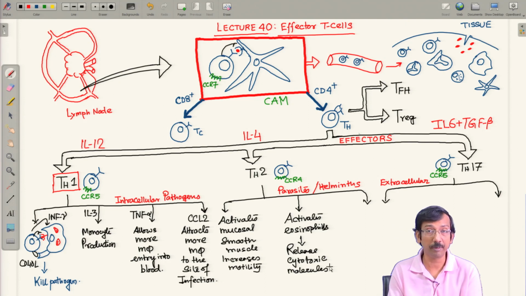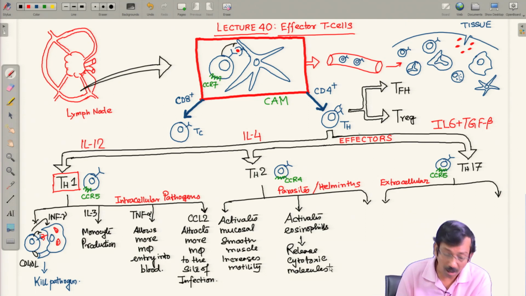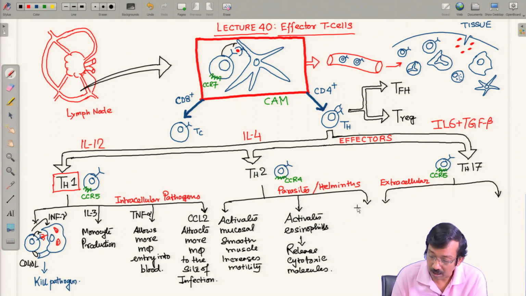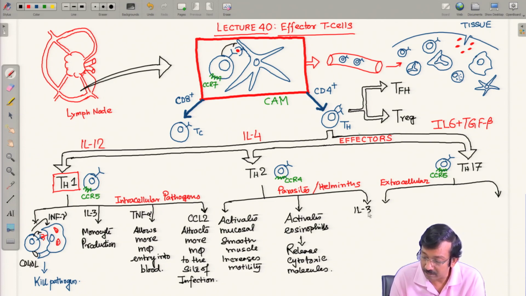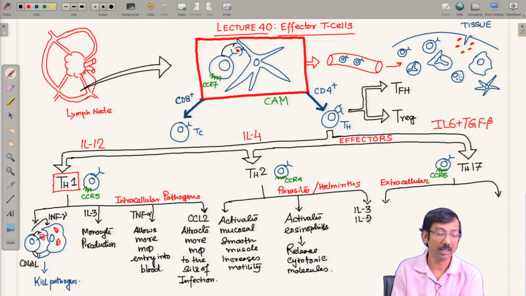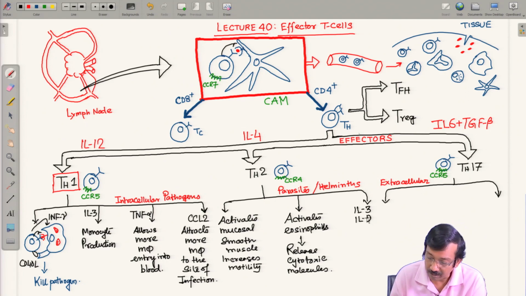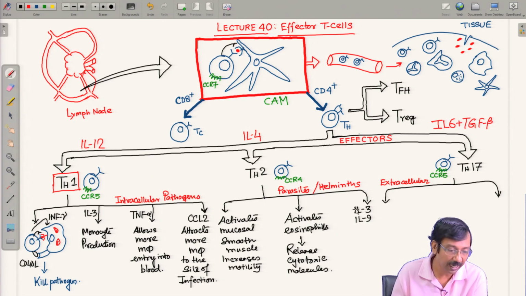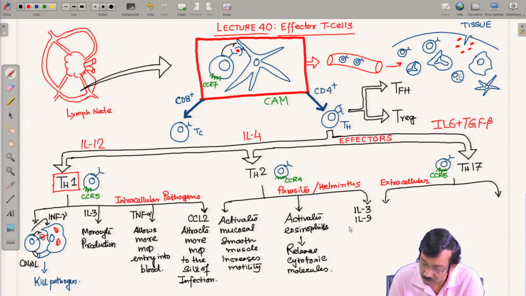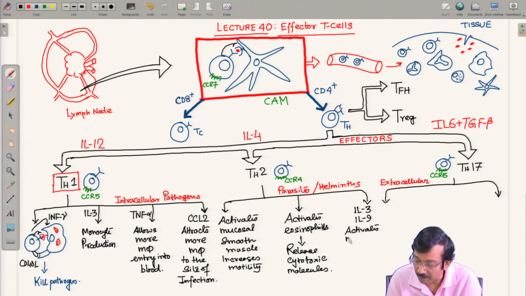So they deal with the parasites, as I told, and they also secrete a class of interleukins like IL-3 or IL-9, for example, and they can activate the mucosal mast cells.